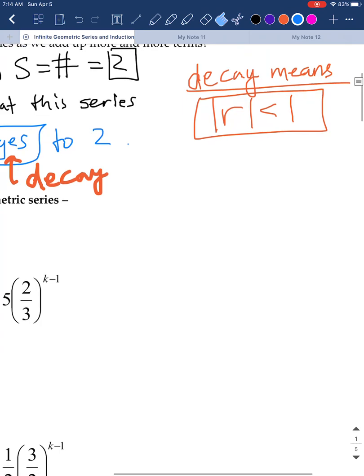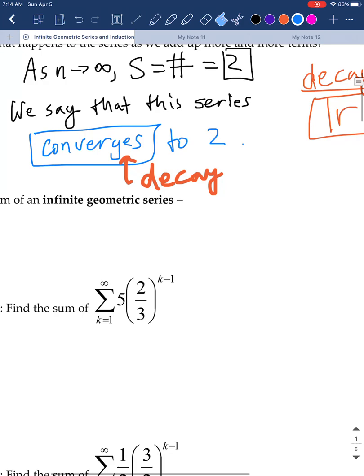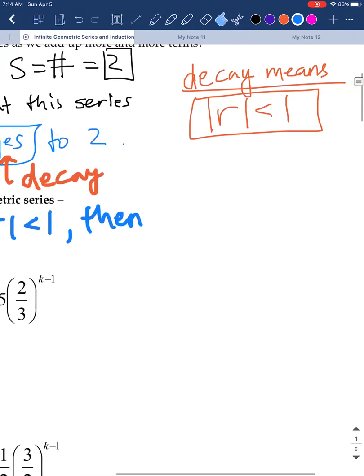So for our definition here of the sum of an infinite geometric series, we have to add the caveat: if the absolute value of the common ratio is less than 1, the sum is going to equal something very interesting.